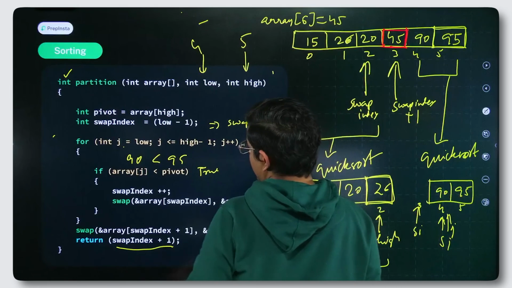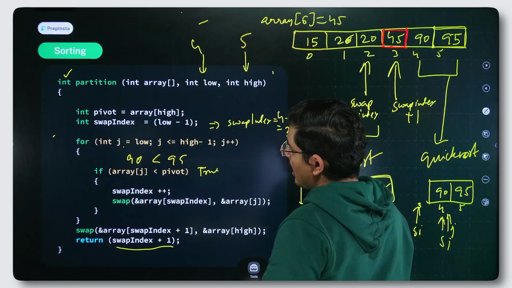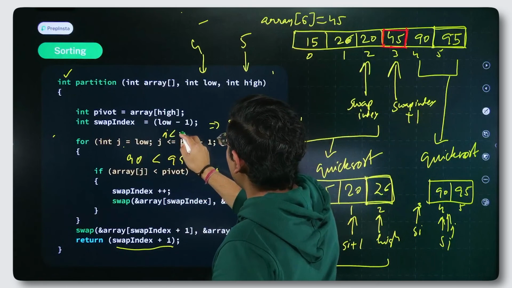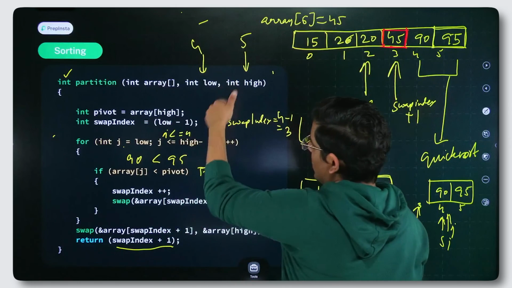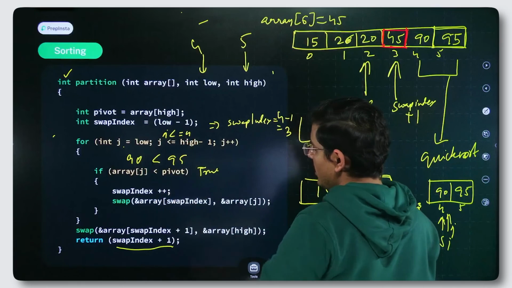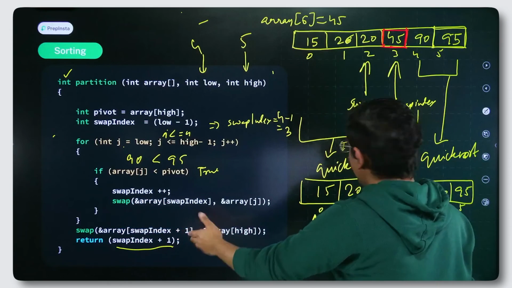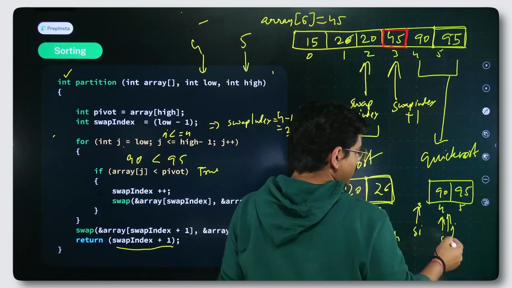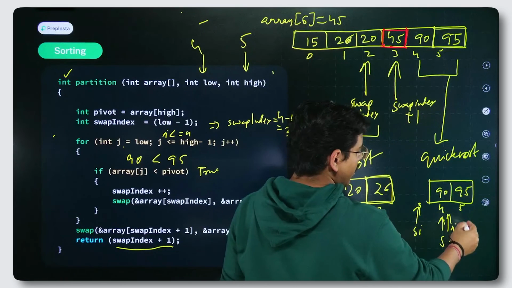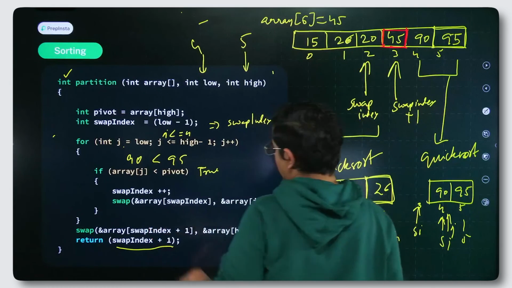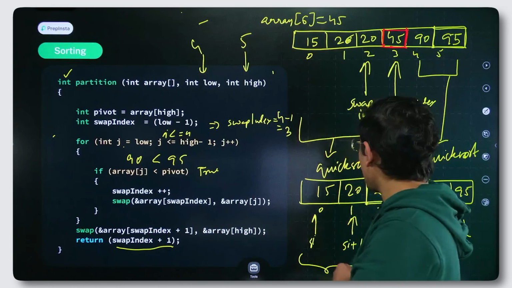Once it happens, it has reached the end of the array, because j can only go till 4, high minus 1, 5 minus 1 was 4. This execution is completed. You give swap index plus 1, which is nothing but 5, as the final return to this function, and nothing will happen because this is already sorted.